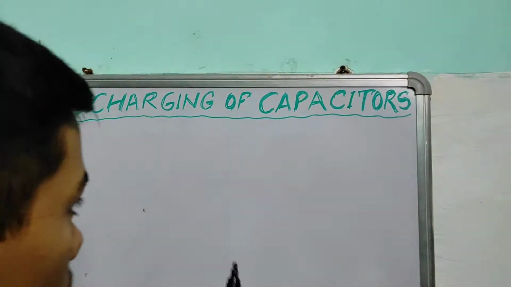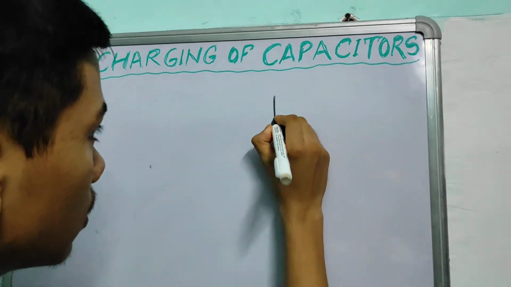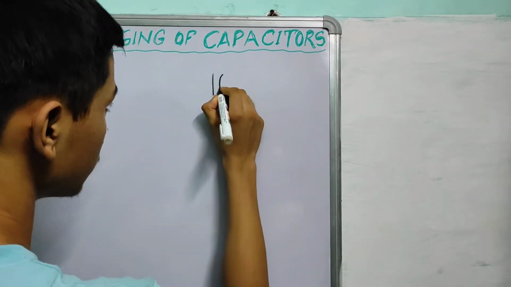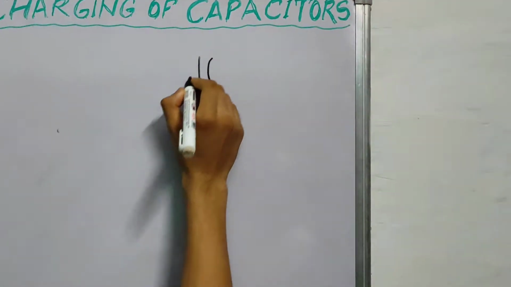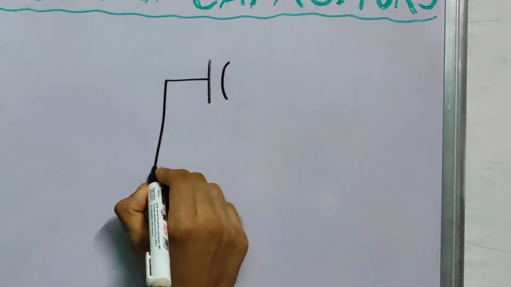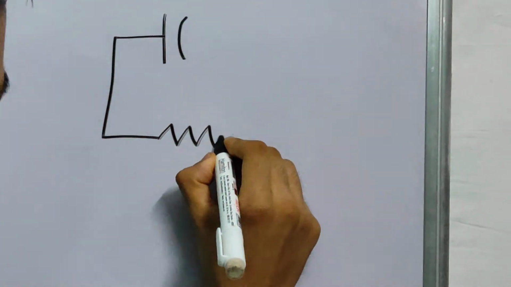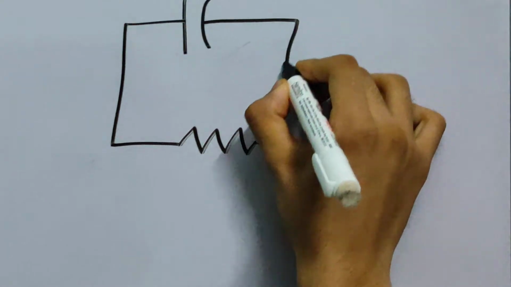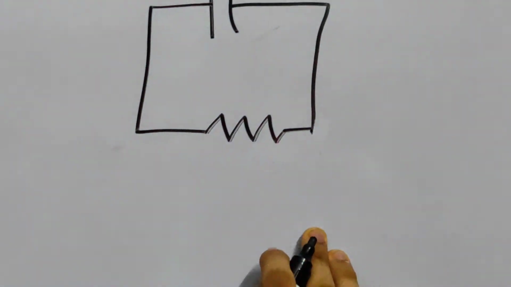Let me draw what happens. So this is a capacitor, okay, and we connect it with the resistor. Fine.